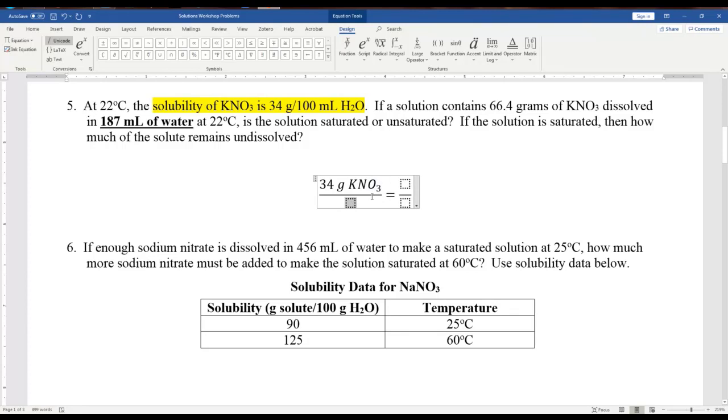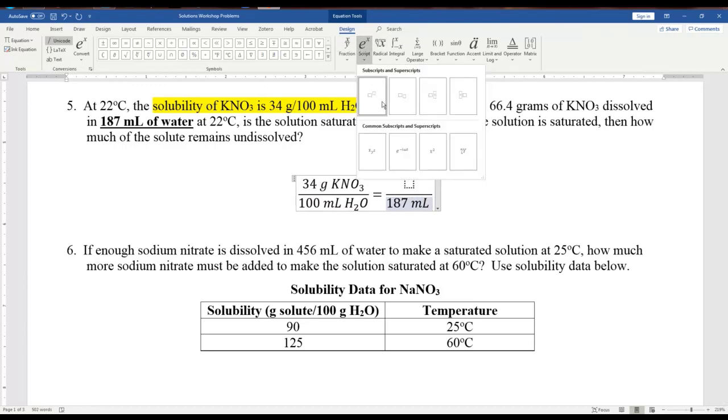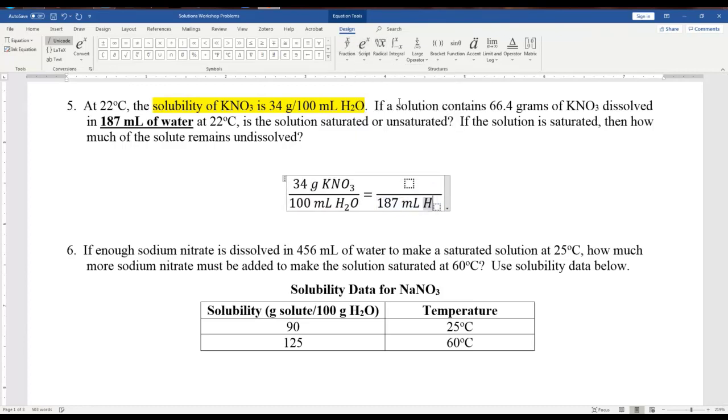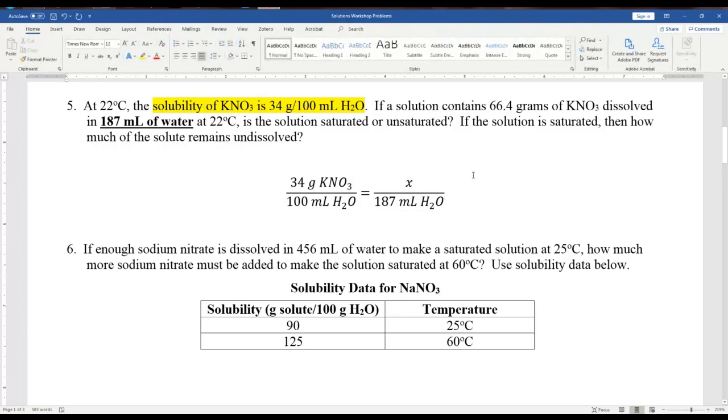That's 34 grams of KNO3 that can be dissolved in 100 milliliters of water. The water, of course, is H2O. On the other side, I'm going to put my 187 milliliters of water, which is the amount in my actual solution, and I'm going to solve for the amount that could dissolve in that much water.